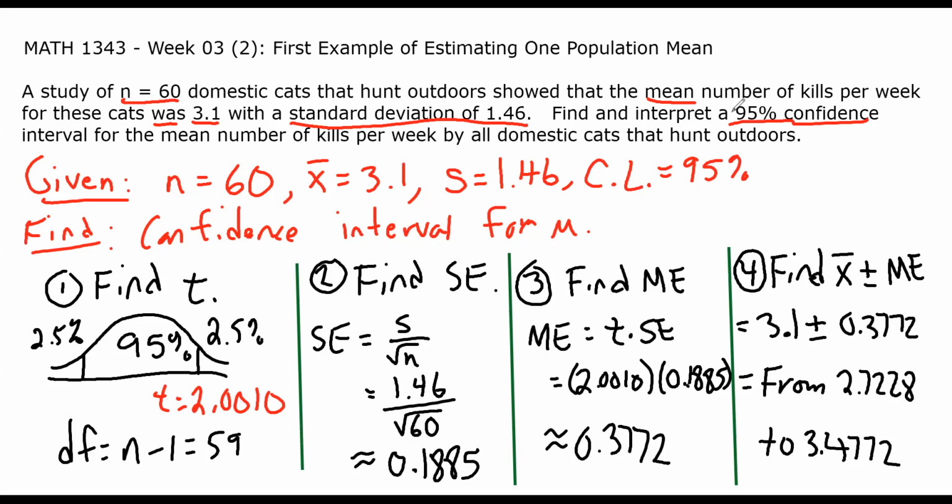But how do we interpret that? In other words, when you're doing a problem and you're being asked to interpret a confidence interval, how do you do that? Well, it's actually very straightforward, and I'll show you on the next page.